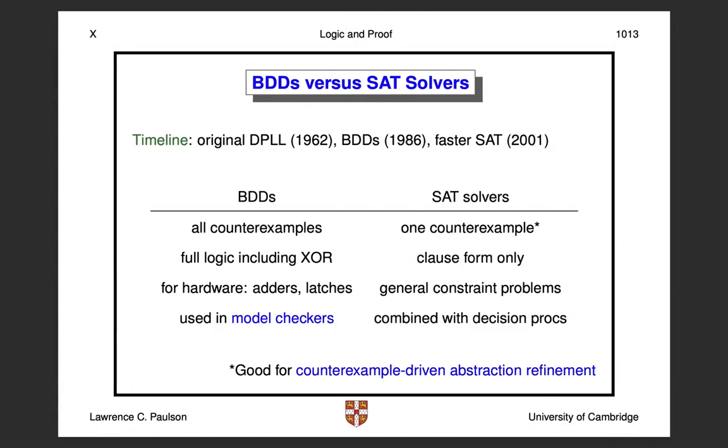Now, in BDDs and in SAT solvers, we have powerful and fully automatic approaches to solving propositional logic formulas. So which one should we choose? Well, first I need to say that both of them are potentially going to take exponential time because Boolean satisfiability is still NP complete.